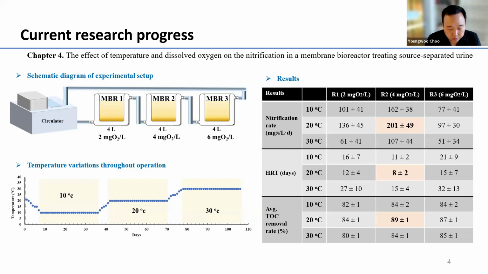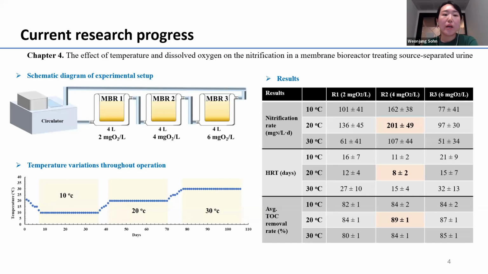Just out of curiosity, how did you maintain the temperature at 10 degrees C? It's a sub room temperature. Can you briefly explain? For the temperature maintenance and adjustment, I use the circulator, as you can see in this schematic diagram.